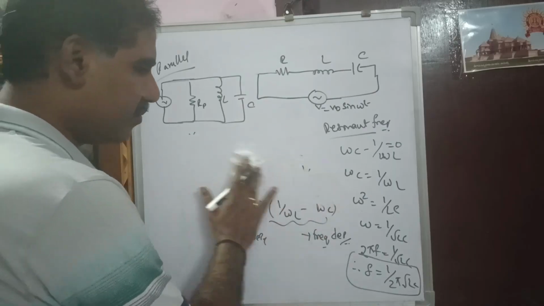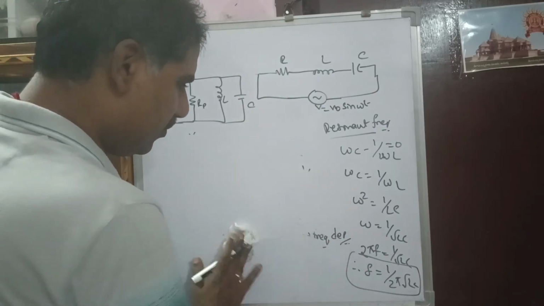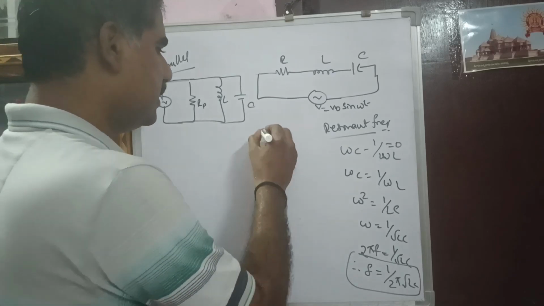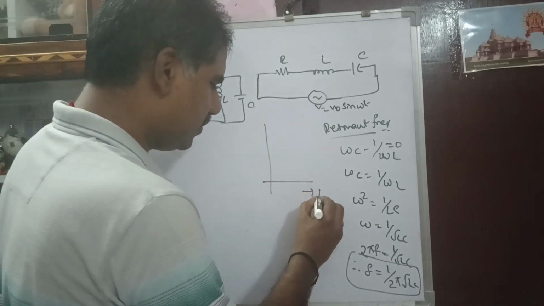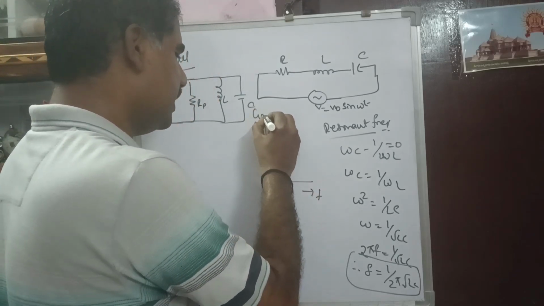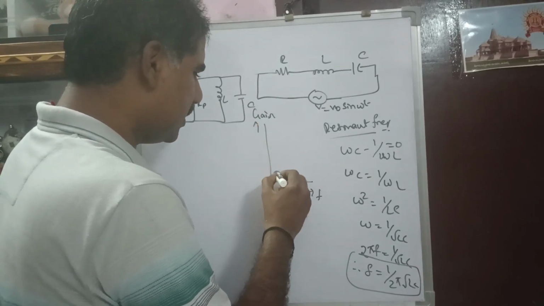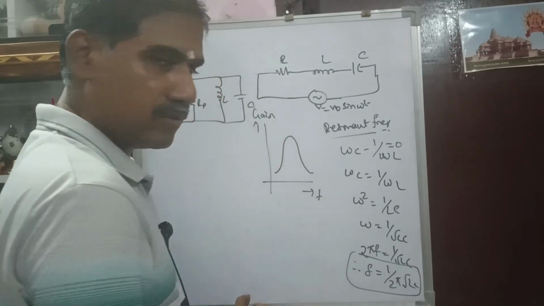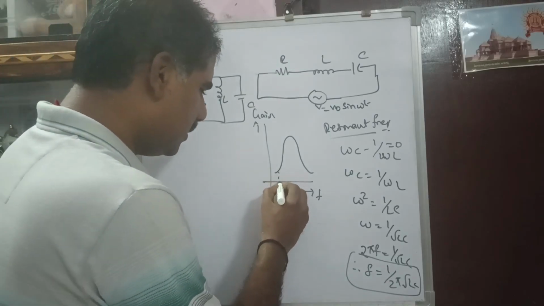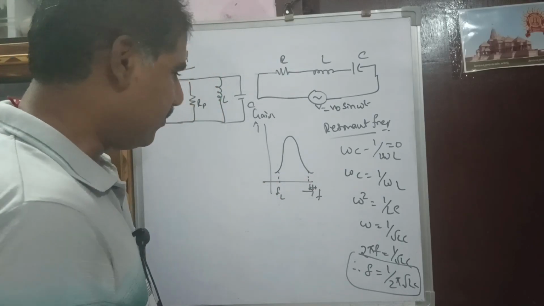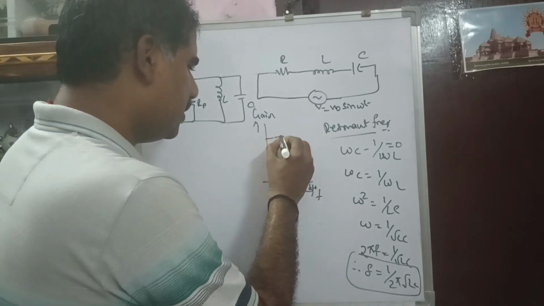In this also we have a graph, with frequency along the x-axis and gain or current along the y-axis. We obtain a graph like this. Between FL and FH, in between we have the maximum.